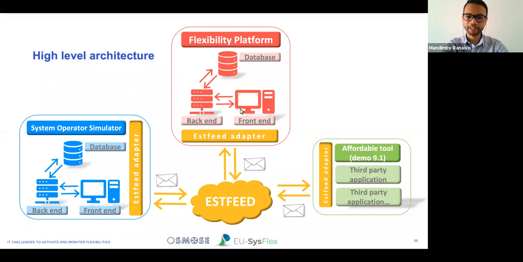And on the right, we have the affordable tool, which is a software tool developed in another EU-SysFlex demo that allows small flexibility providers to access the energy market thanks to an aggregator operating this tool.